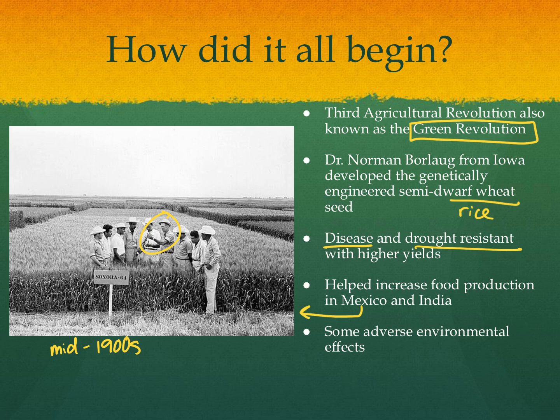So during this time period, mid-1900s, our rich countries of the world, our MDCs, are spending money on the science behind agriculture, okay? Science and ag. This could be fertilizers, it could be GMOs, all of the sciencey things that needed to improve agriculture.